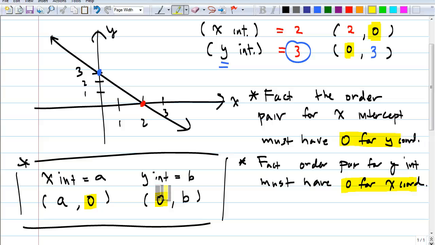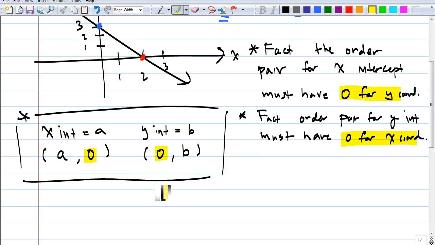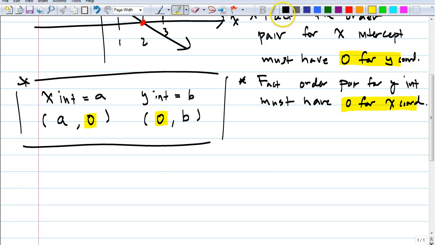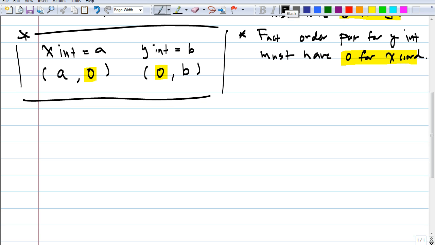All right. Because if you know this, then this third method of graphing is really, really easy. The easiest way to graph is using slope-intercept form, but if they ask you to use the intercepts, then you have to do it this way, because you have to understand the concept of what intercepts are.